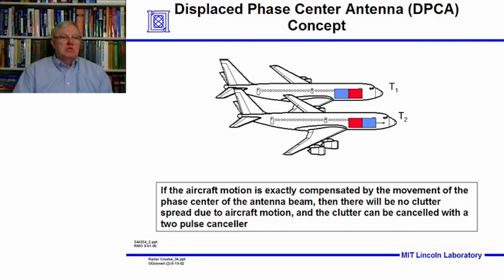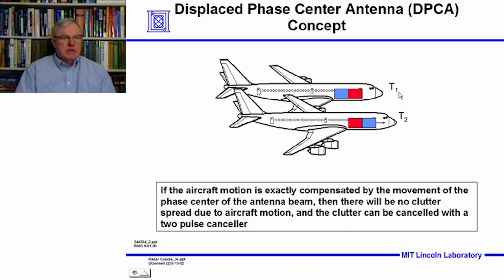Now I'm just going to, for one view graph before we end, present to you the concept of displaced phase center antenna, DPCA, just to tease you a little bit about one concept, how you could handle clutter in an airborne platform. Let's say we have a big aircraft here, and we have a big phased array radar that's the size of this entire rectangle.